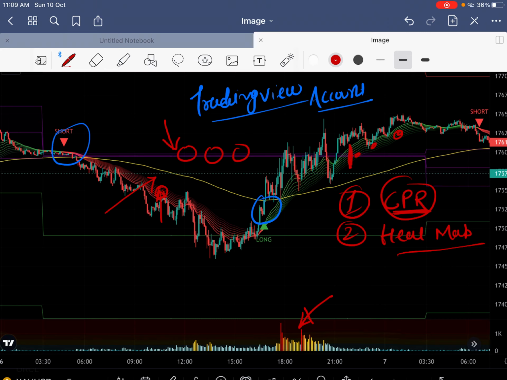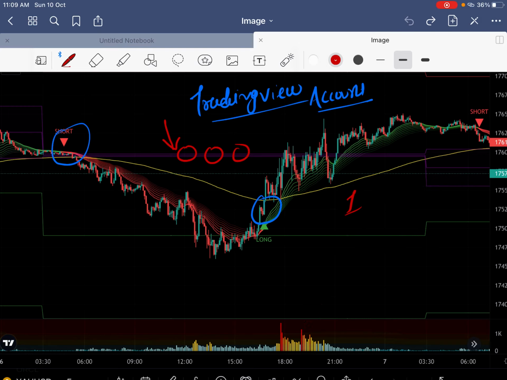These are multiple moving averages. I'm going to share this indicator with you, and you have to watch very carefully. These are moving averages of different time frames that I combined, and I'll explain how I take entries, so you have to listen to that part very carefully.